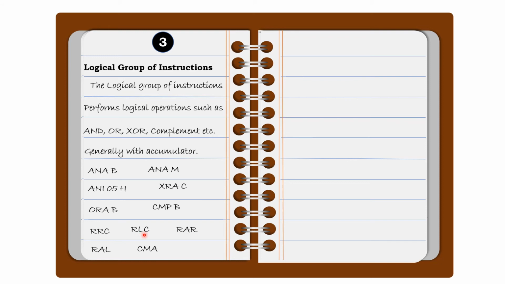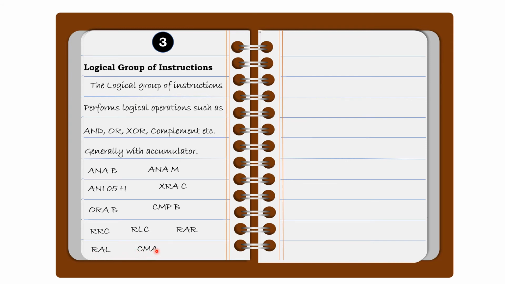RLC means rotate the content of the accumulator towards the left by 1 bit, not 1 byte. RAR is the same, but the contents are rotated right by 1 bit through the carry. So these are all the logical group of instructions.